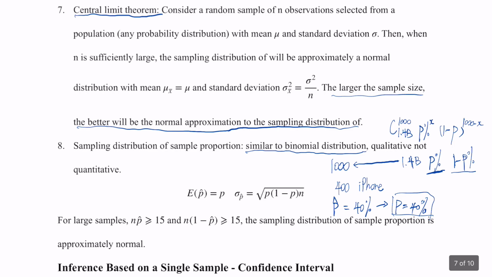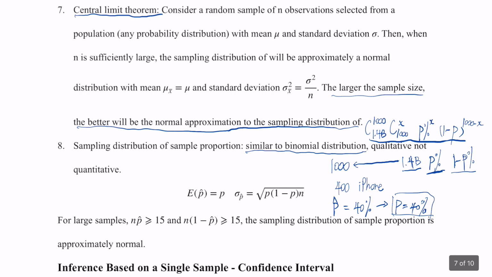Oh, I made a small mistake here. You should choose X people from 1,000 people. And the number of samples you can get from 1.4 billion people is: you choose from 1.4 billion, and you choose 1,000. So this is the sampling distribution of the sample proportion.